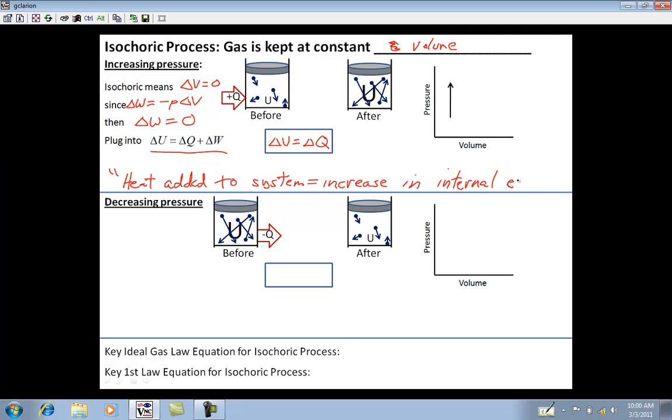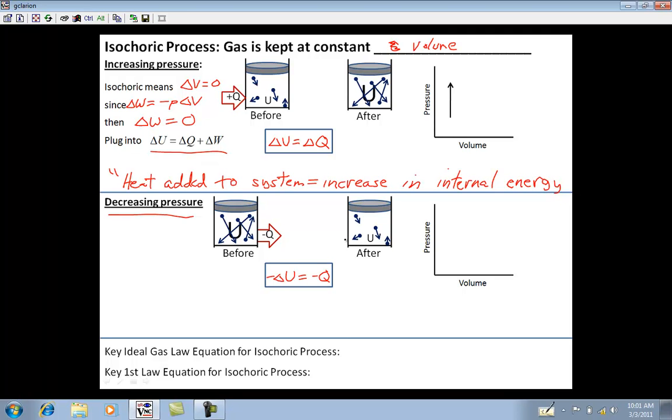Internal energy. Now, the other version of this is where we've got decreasing pressure in an isochoric process. My equation there will be negative delta U equals negative Q. In this situation, again, we're keeping the volume constant and we're losing heat.